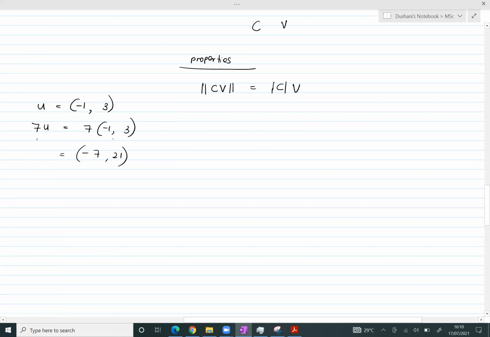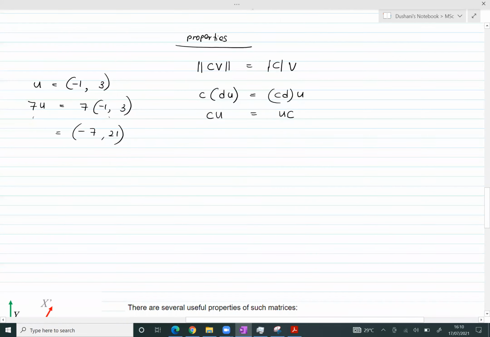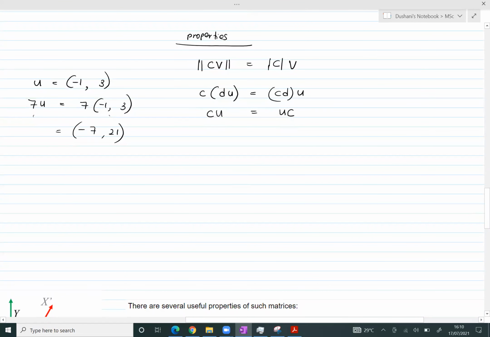And then it complies with the associative property, if u is the vector, d(cu) equals (cd)u, and the commutative property holds, and then the distributive property holds, and the identity property.